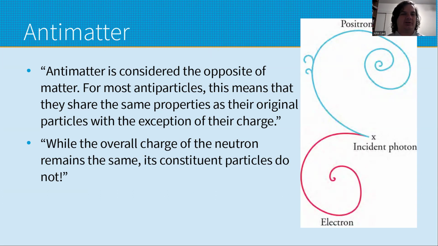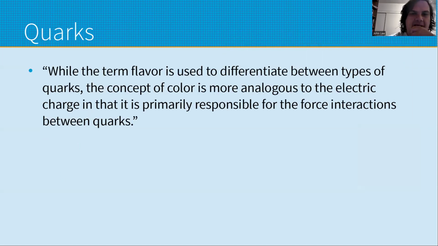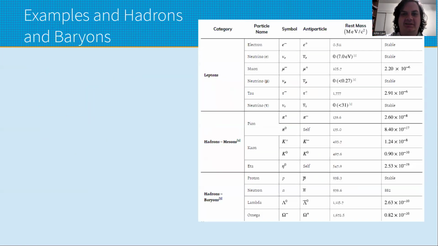For most antiparticles, this means that they share the same properties as their original particles with the exception of their charge. So if you look back here, it has a symbol for electron, and it also has a symbol for an anti-electron, which is called a positron, e+.